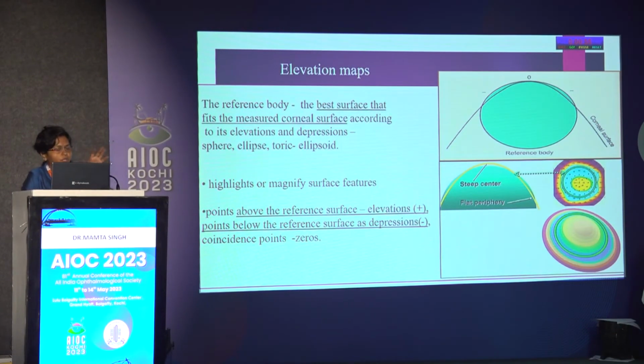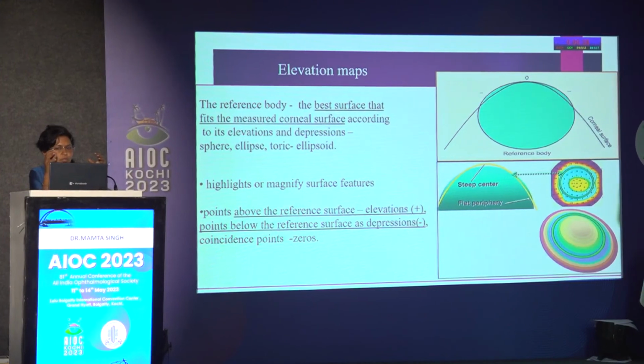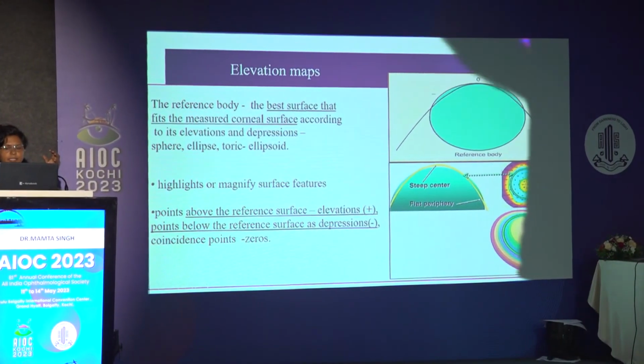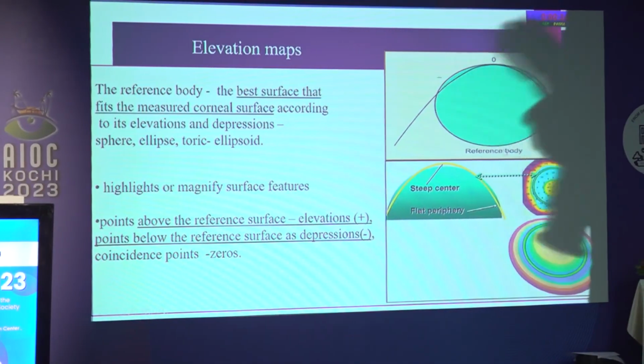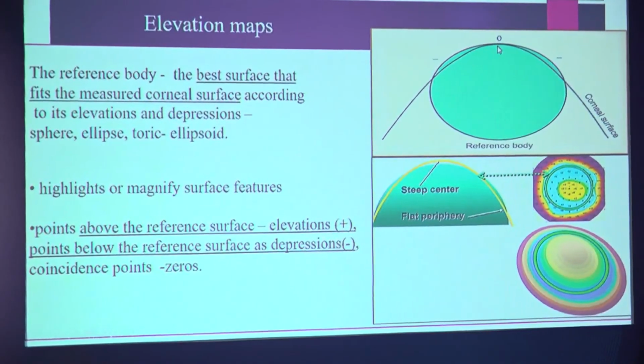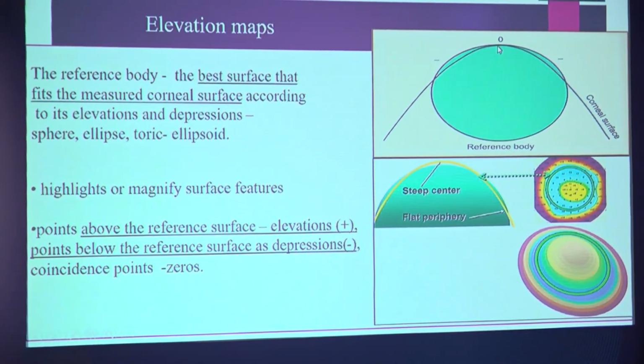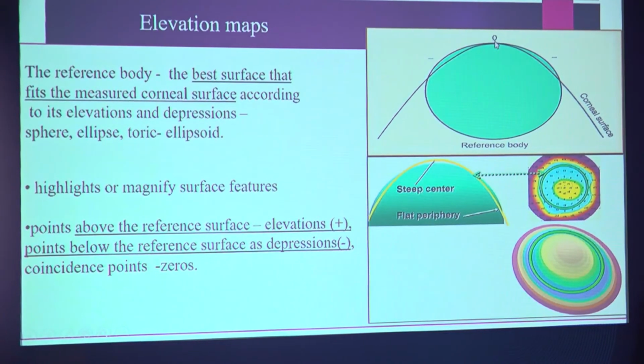Then comes the most important map, that is the elevation map. The elevation map describes the given cornea in reference to a reference body, which is actually machine generated. Normally it is taken as a sphere, but in cases of very irregular or astigmatic cornea, we can choose an ellipse or toric ellipsoid also. For example, if this is a cornea and this is the reference body, we can see there is one point where the cornea and the reference body are touching each other.